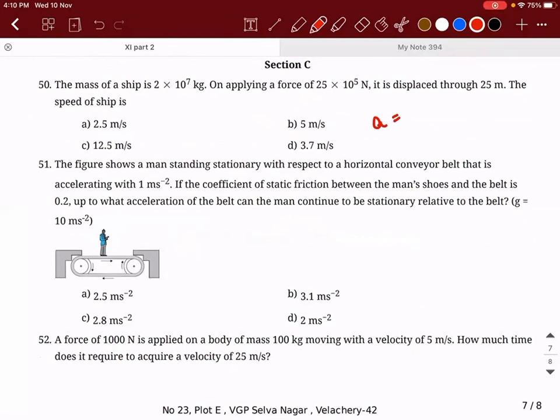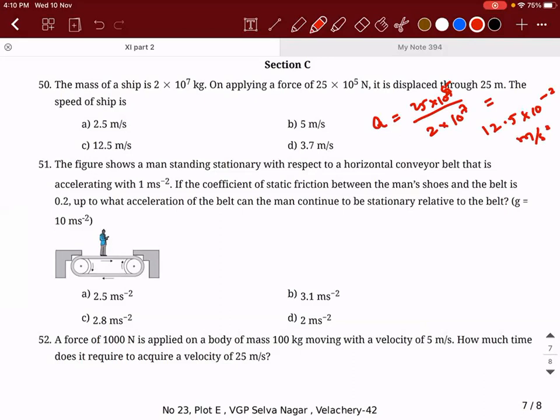Acceleration is 25 into 10 power 5 divided by 2 into 10 power 7, that is 12.5 into 10 power minus 2 meter per second square.